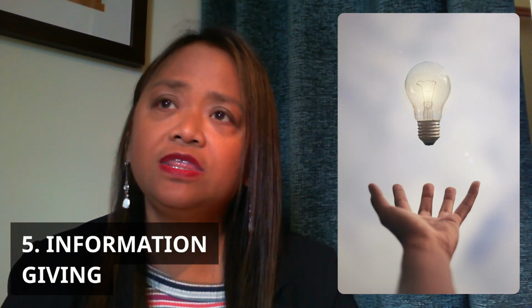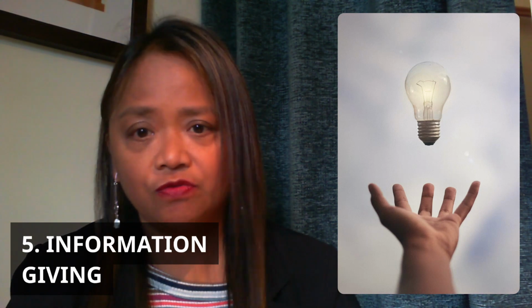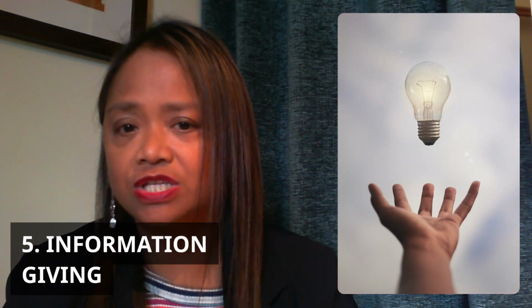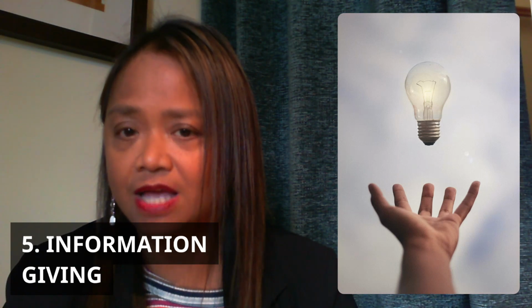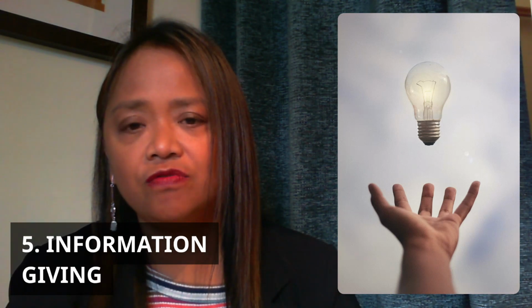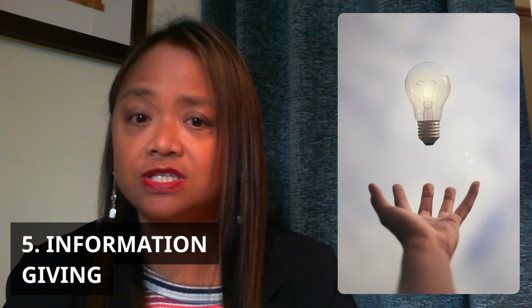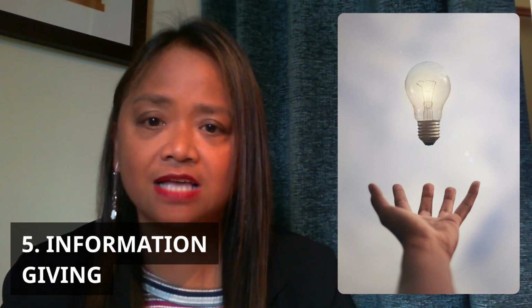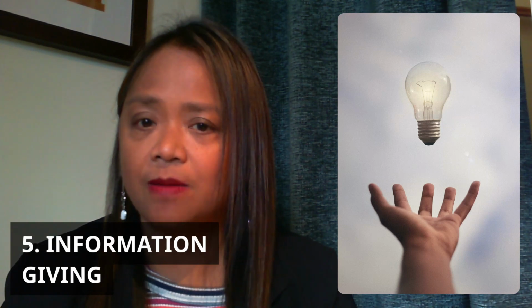So one thing that you can do in information giving is establish what your patient already knows at that time. So you might ask, "Can you tell me if you have an understanding of what type 2 diabetes is?" That type of question checks whether the patient already has prior information about the condition.